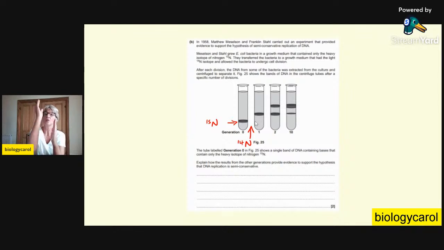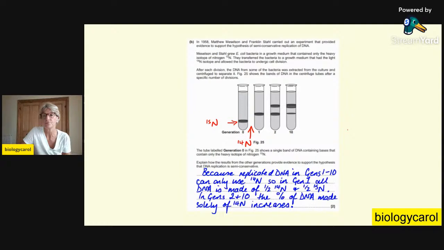Every single molecule of DNA would have been made up of one heavy strand and one light strand. Therefore, there's a single band and it's in the middle of the tube. This is the bottom, this is the top.